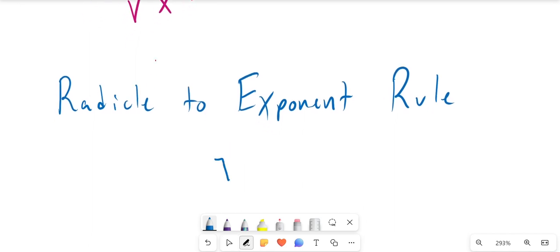If I have the mth root, or the mth index here of some x, in exponent form, that would just be x to the 1/m power. So the reciprocal of m.